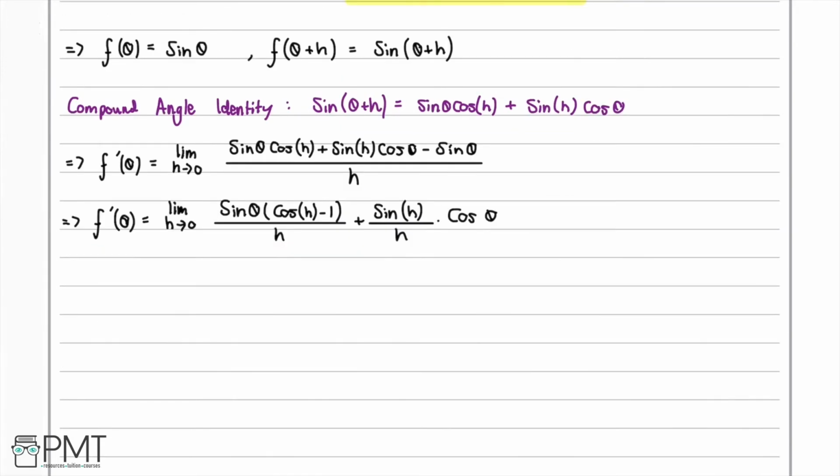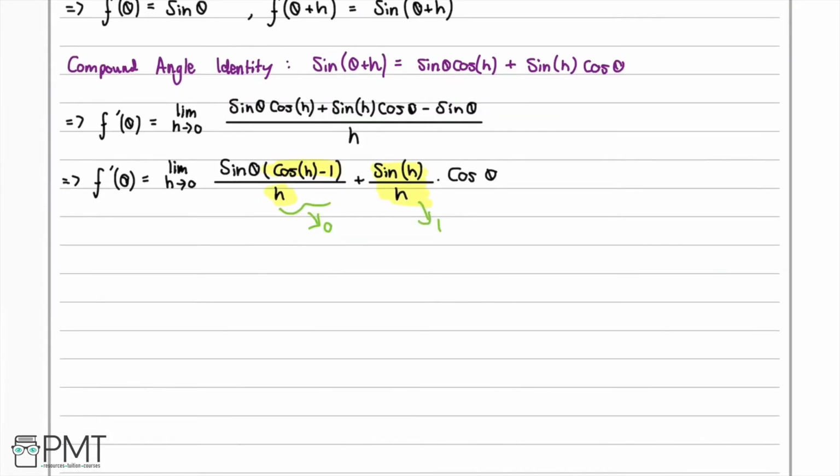We can see here that we have cos of h minus 1 divided by h, and we know that this is going to tend to 0, and we know that sin h over h is going to tend to 1. So this leaves us with the following.